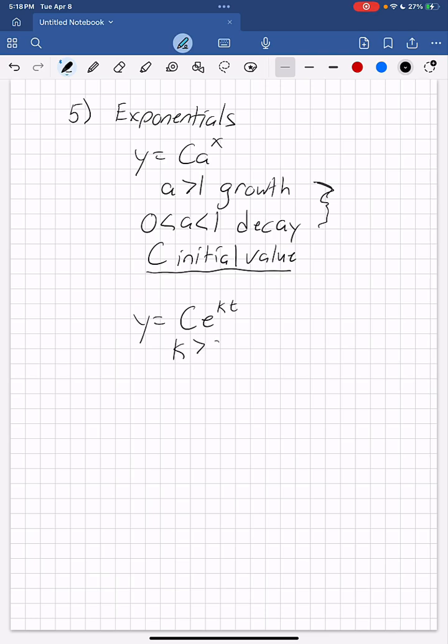If k is positive, we have growth. If k is negative, we have decay. So using those, you can know just by looking at it if it is growth or decay. All right. So that's what you'll be tasked with.